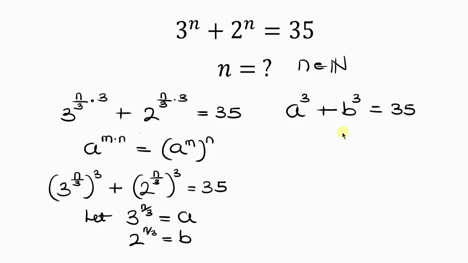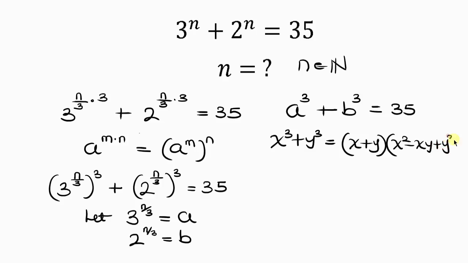Now notice that we have an expression in the sum of two cubes. An expression in the sum of two cubes has a property. For example, when I have x cubed plus y cubed, this is written as x plus y times x squared minus xy plus y squared.